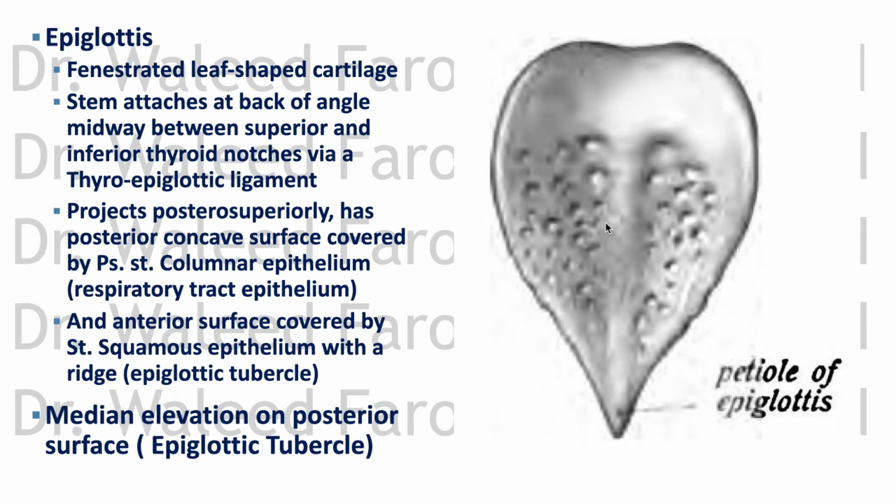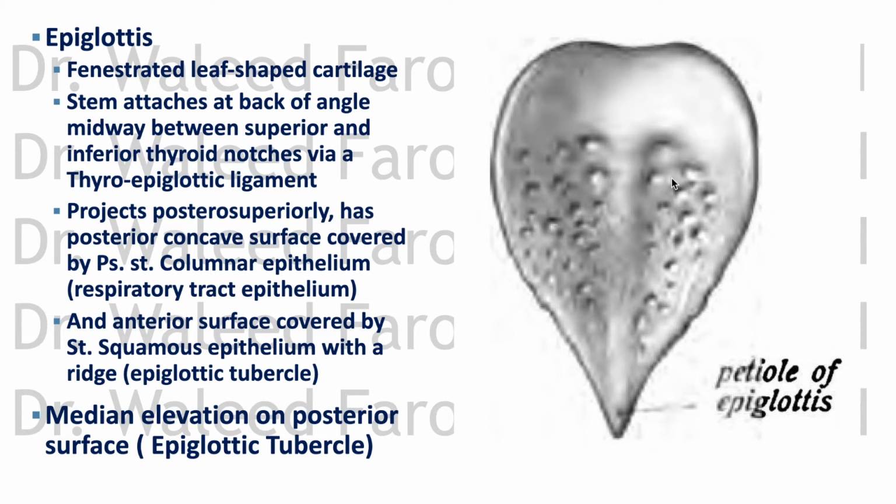Now we have a very unique and prominent cartilage called the epiglottis. Epiglottis means above the glottis. The glottis is the laryngeal cavity. It guards the laryngeal inlet. It's leaf-like. See? It has a pedicle and an expanded end.